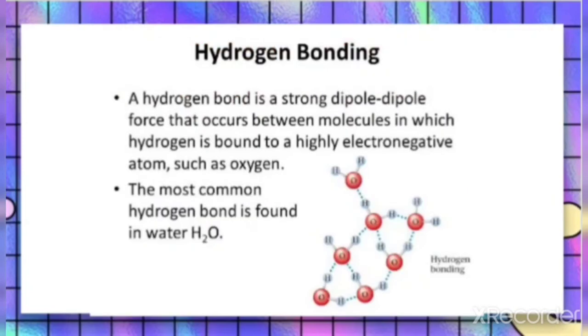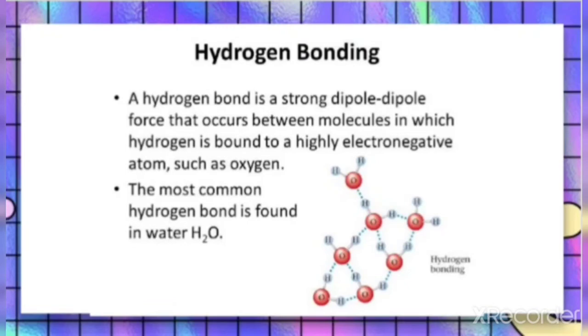There is another type of force also, that is hydrogen bonding. As we have already discussed, it is a strong dipole type of force that occurs between molecules in which hydrogen is bonded to highly electronegative atoms like oxygen, fluorine and nitrogen.